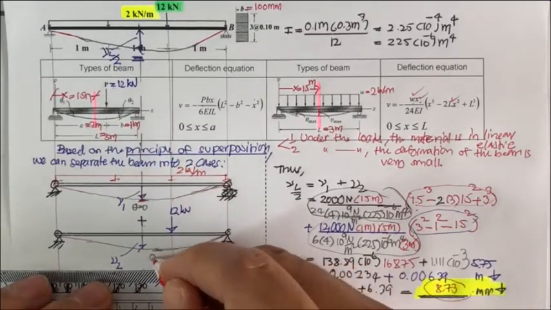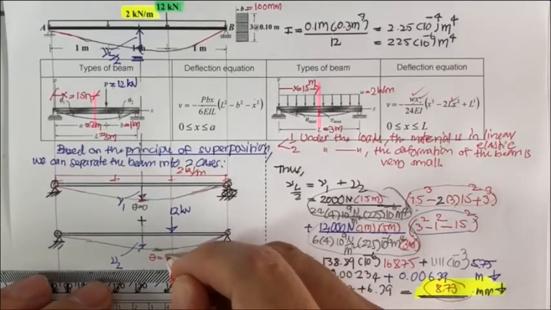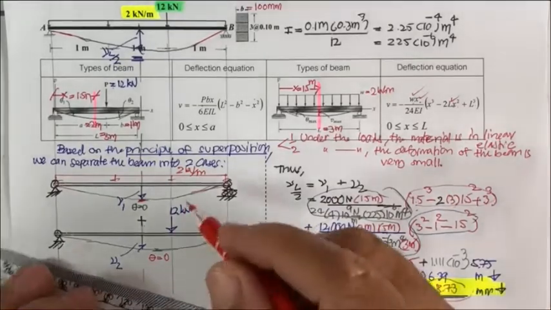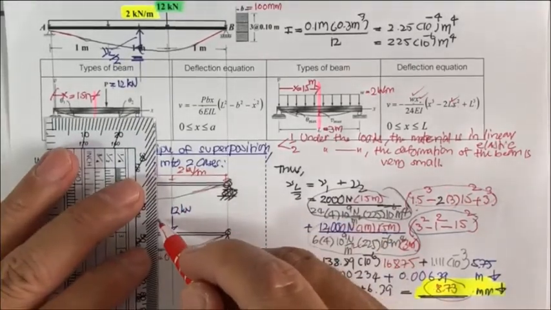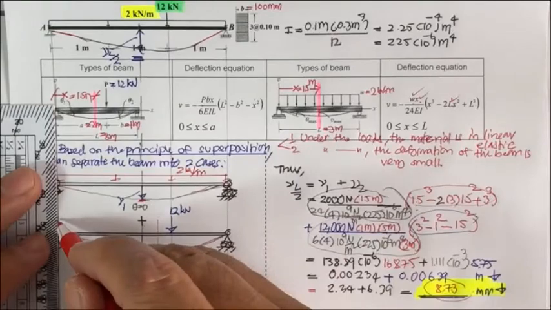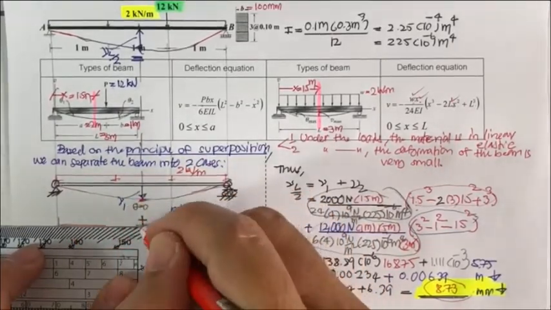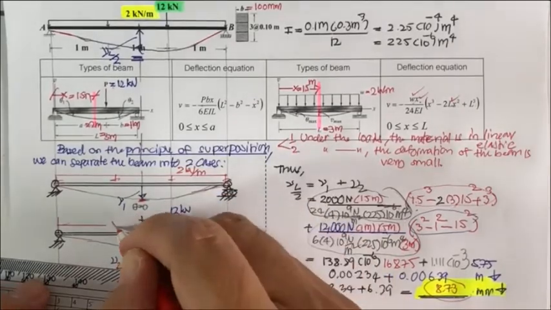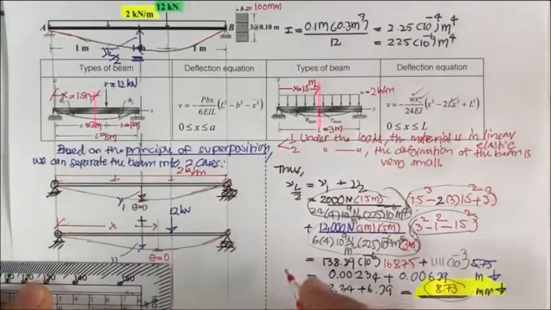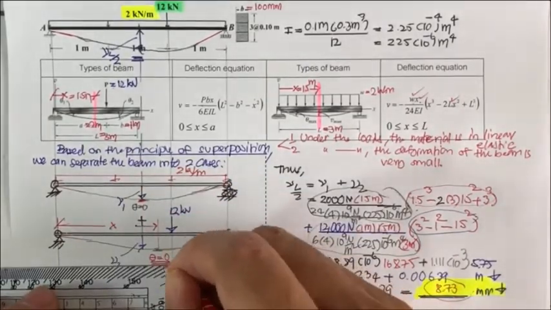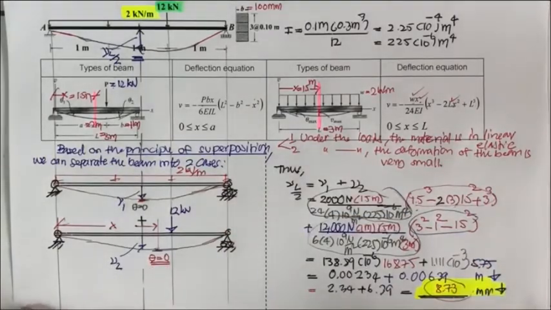And so let us say this is going to be the point of midspan. And what is going to be the distance from here to here? Can we find this? Yes, we can find this. Okay, we can find this by the condition that theta equal to 0.